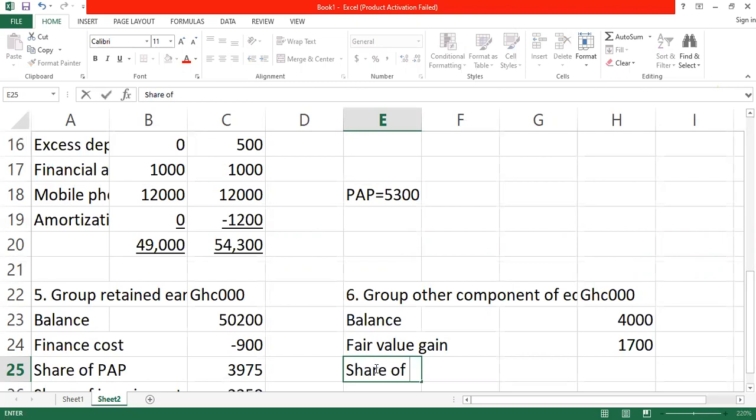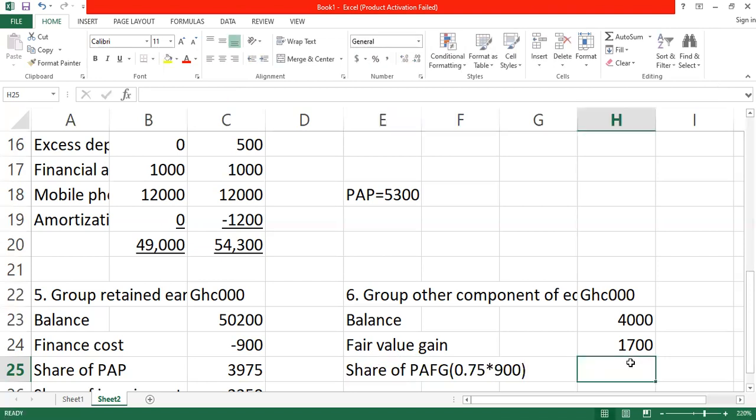But the parent is keeping other components of equity. So you take the parent's share to other components of equity. So share of post acquisition fair value gain, let me just put it like that, which will be 0.75 times 900. Am I correct? Okay. What will be the value? 0.75 times 900 is what?